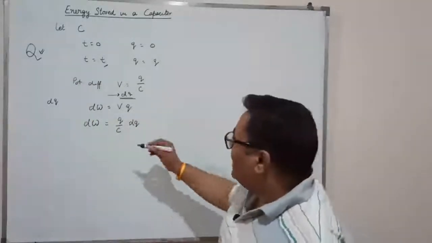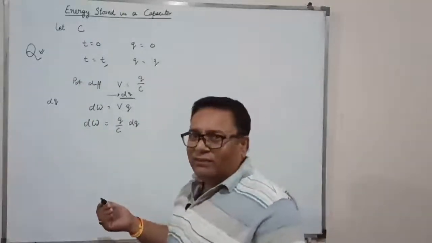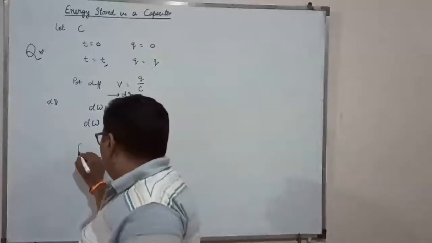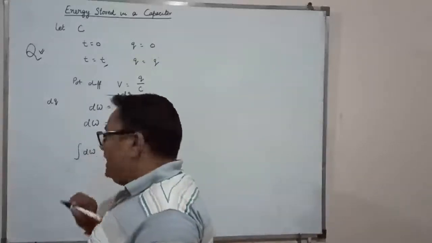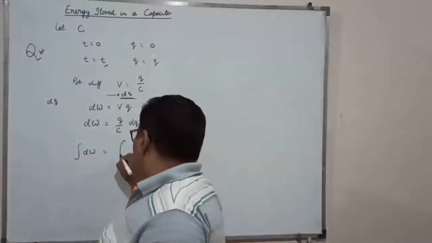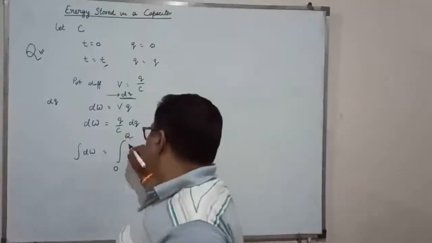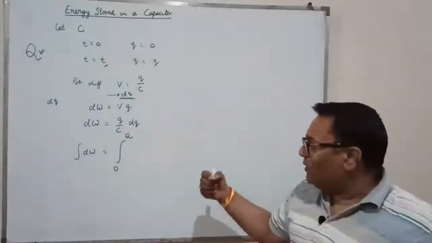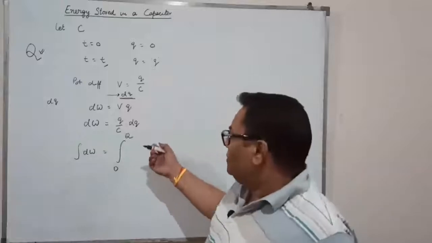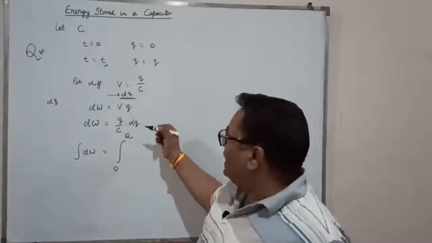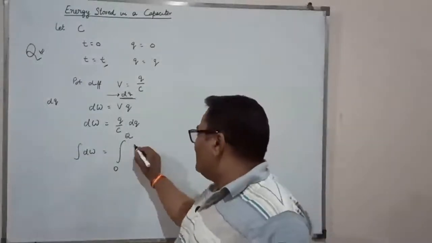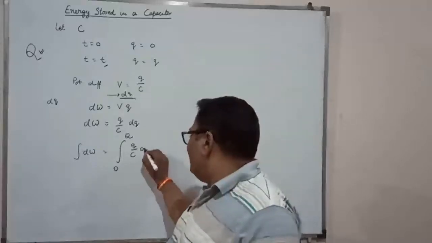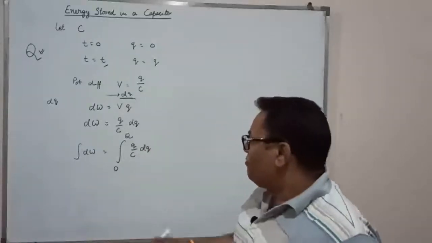Our target is to provide Q charge to the capacitor. Now the total work done, W, is the integral from 0 to Q of q by C dq. This is the total work done to provide the Q charge to the capacitor.